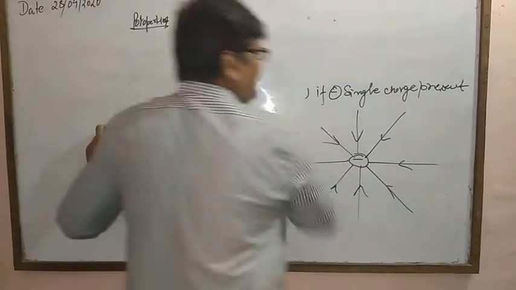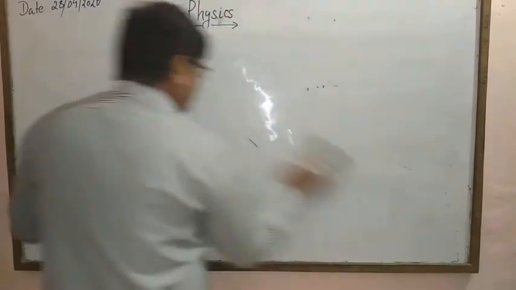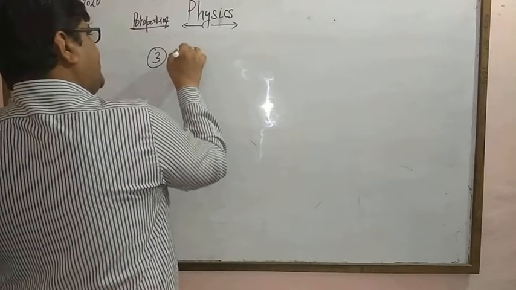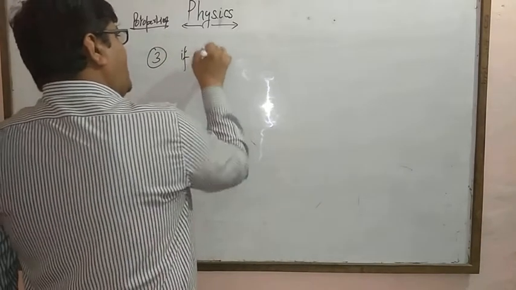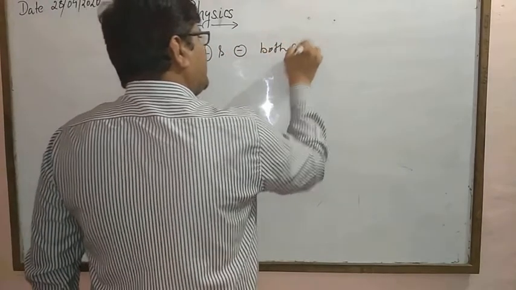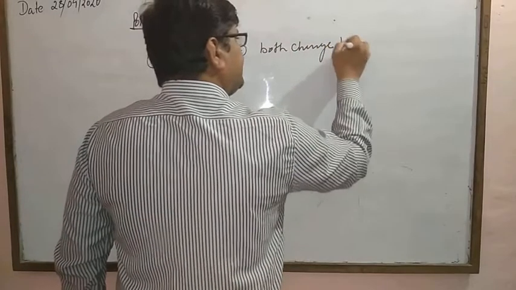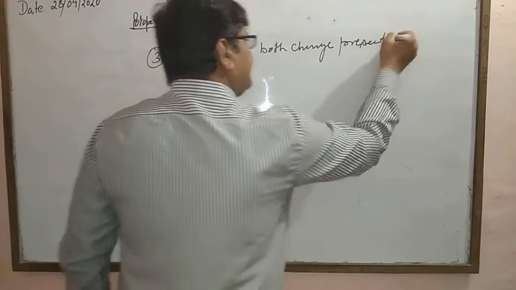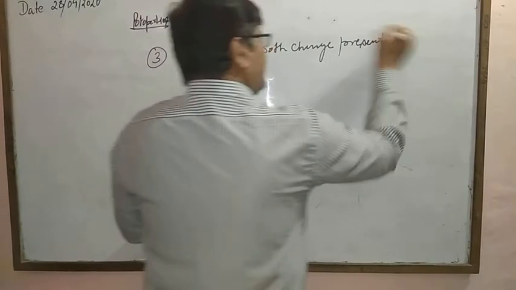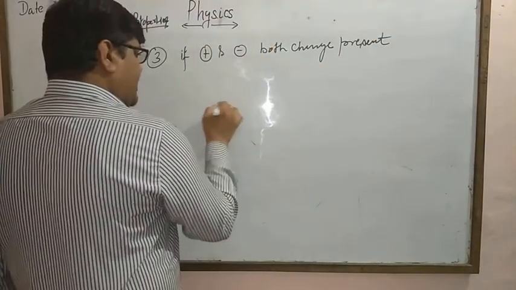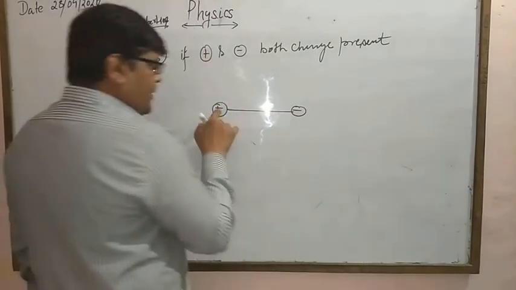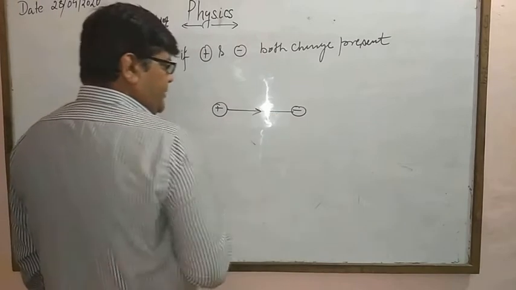Third representation: if positive and negative both charges are present, one positive and one negative, these lines always go from positive to negative.